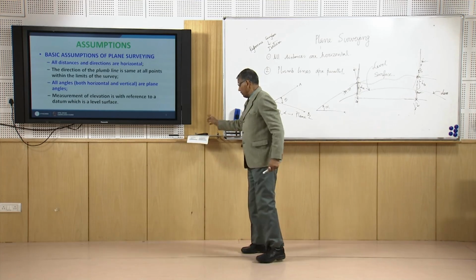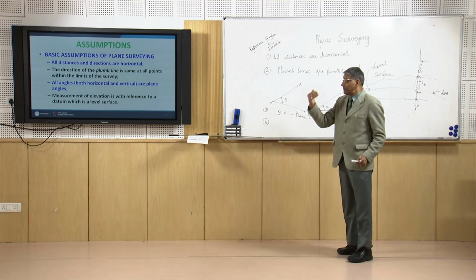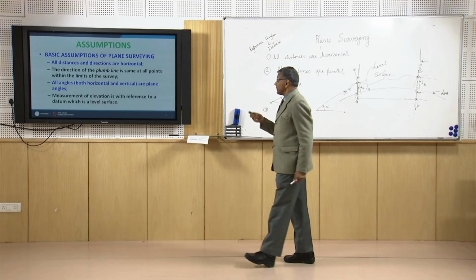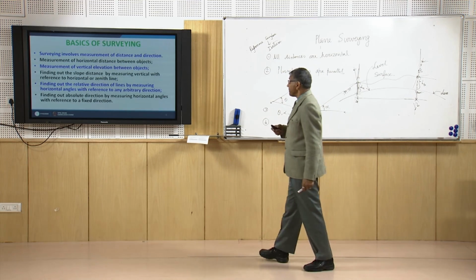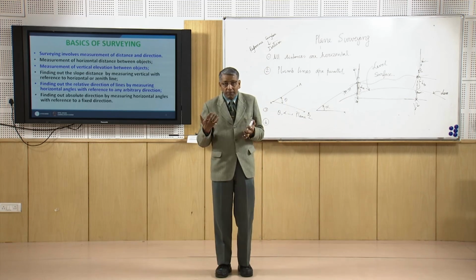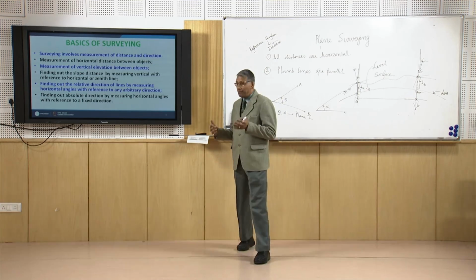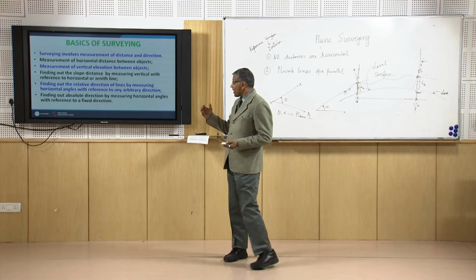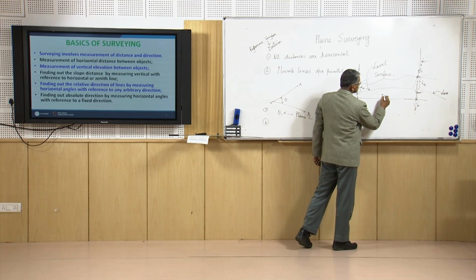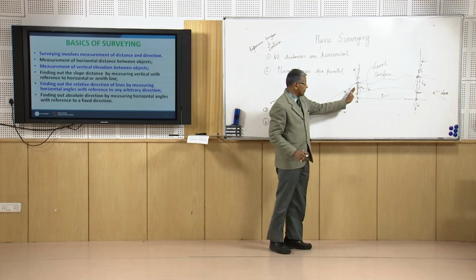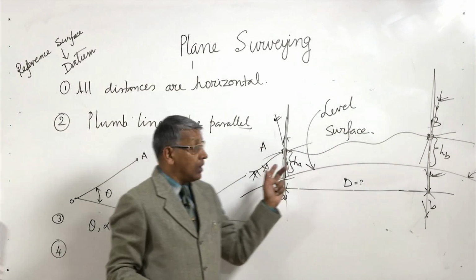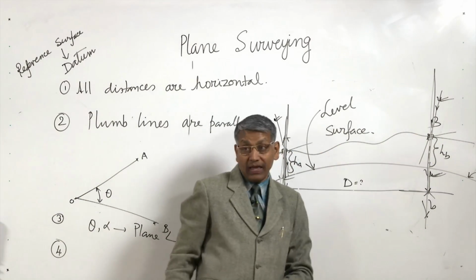So with these assumptions, all measurements will take place. So it is very important to know the basic assumptions. Now what do we measure in plane surveying? As I told you, we measure the horizontal distance D. If we know 2 points A and B, what is the horizontal distance between them?